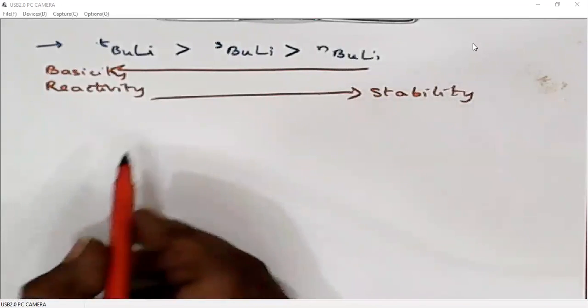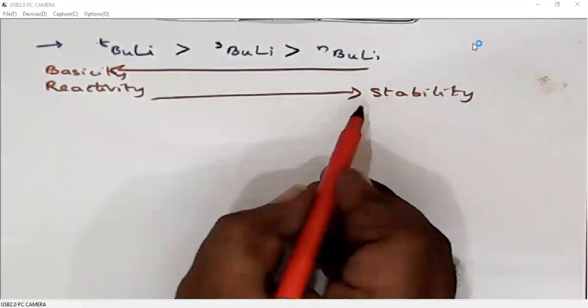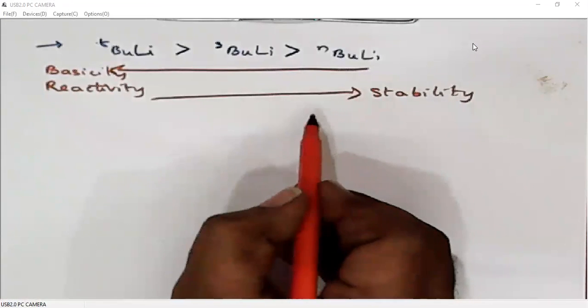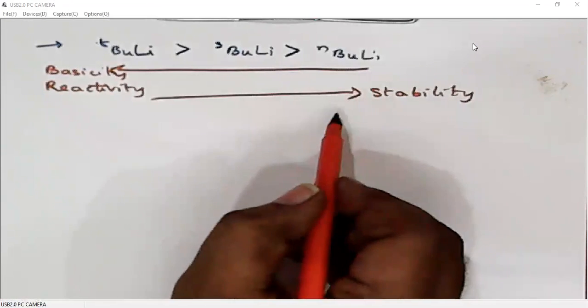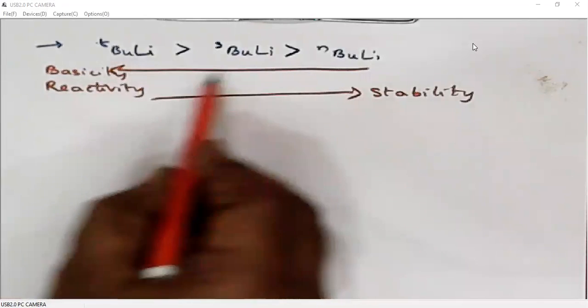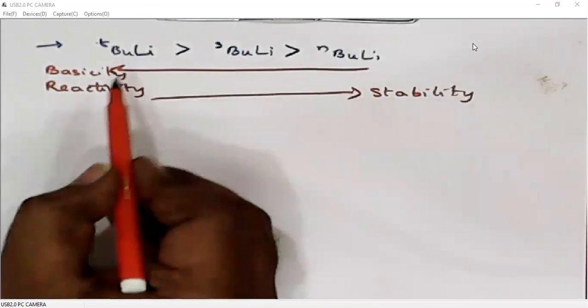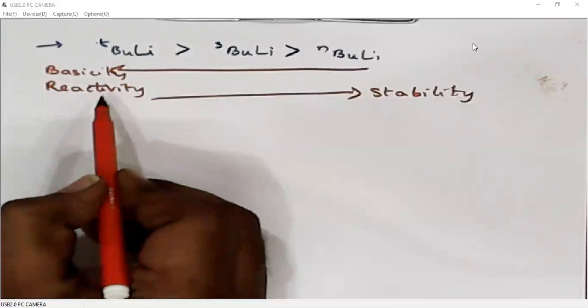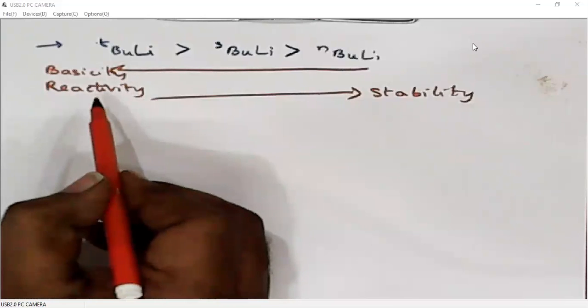Of course, we know if it is more stable, its reactivity is less; if it is less stable, its reactivity is more. So among these butyl lithium reagents, tertiary butyl lithium is more basic as well as more nucleophilic in nature.